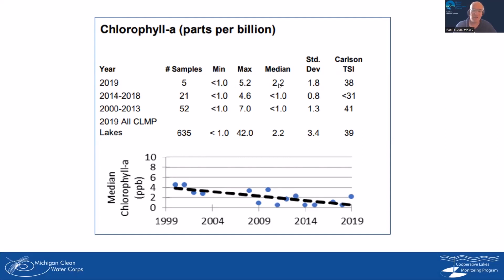The median is 2.2, and this is the number that we graph down below. You can see how this lake has, over the course of the last 20 years, progressively declined in the amount of chlorophyll that they have found. So their lake is turning from what looks mesotrophic into something that's a little more oligotrophic, though it bounced back in the most recent number.